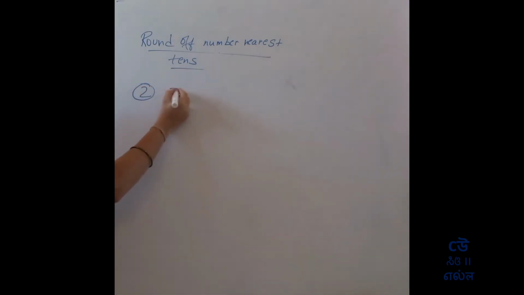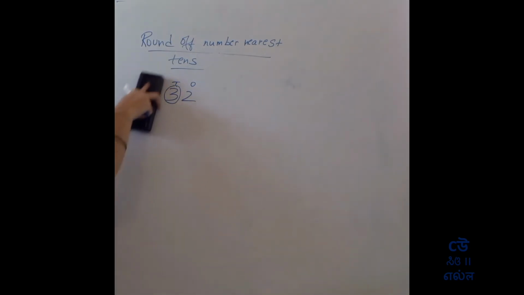Second example is 32. In 32 we again have ones place and tens place, right? So as they have asked in the question, we have to round off to nearest tens. We have to circle the tens place value. Okay, this will get confusing, so I'll write like this.